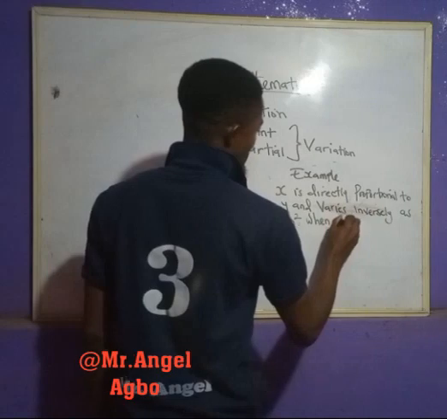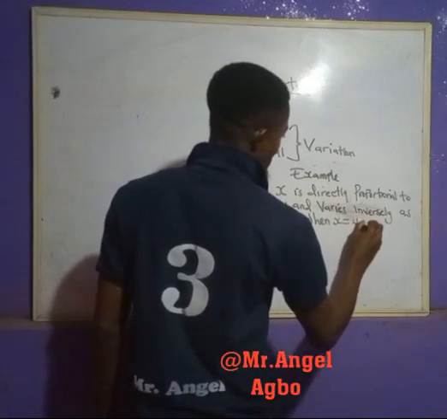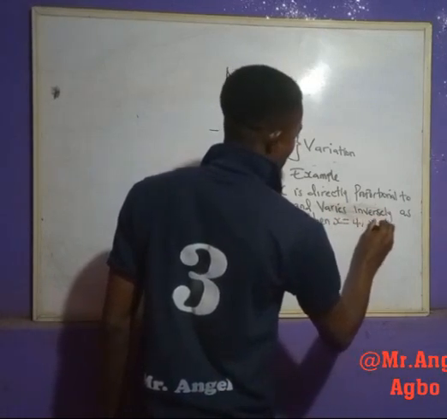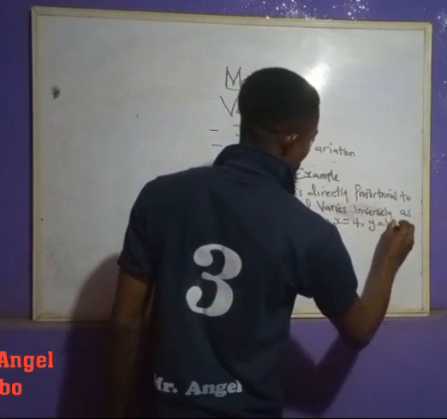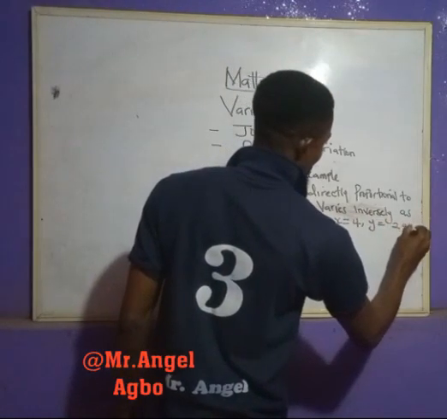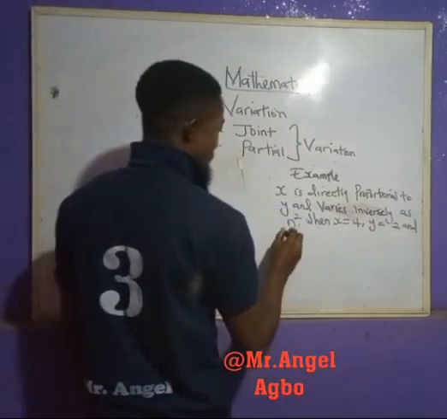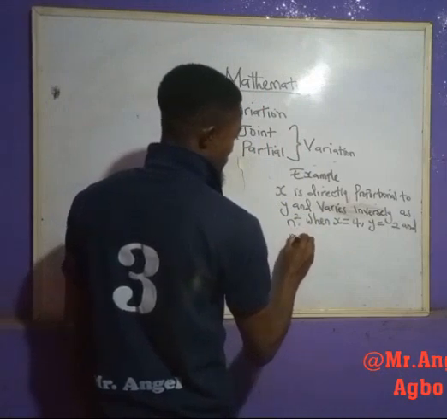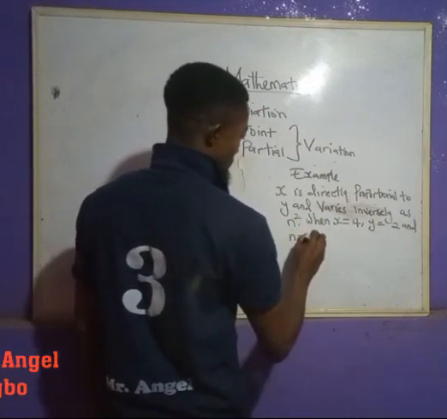When x is equal to 4, y is equal to 2, and n is equal to 3.